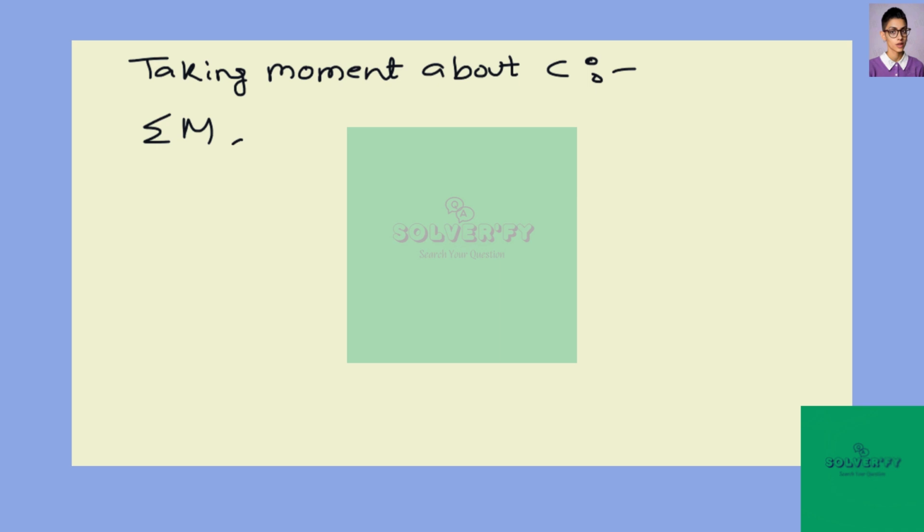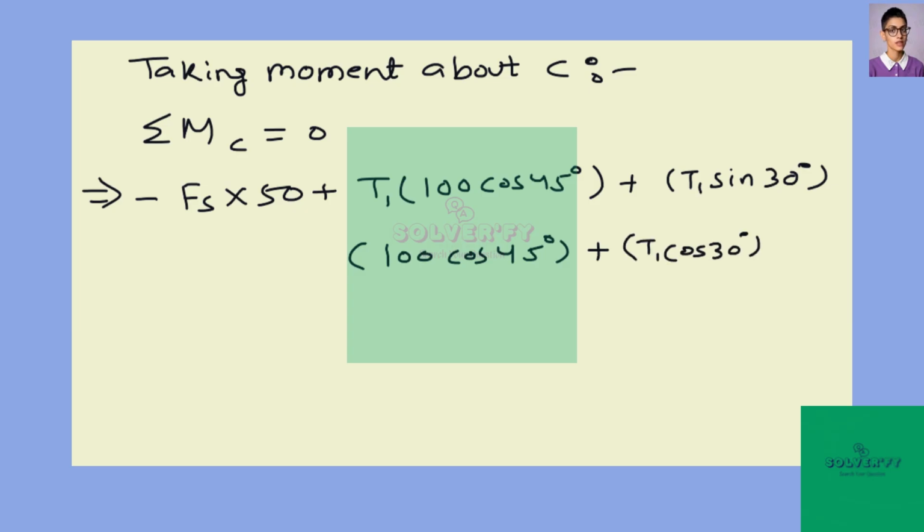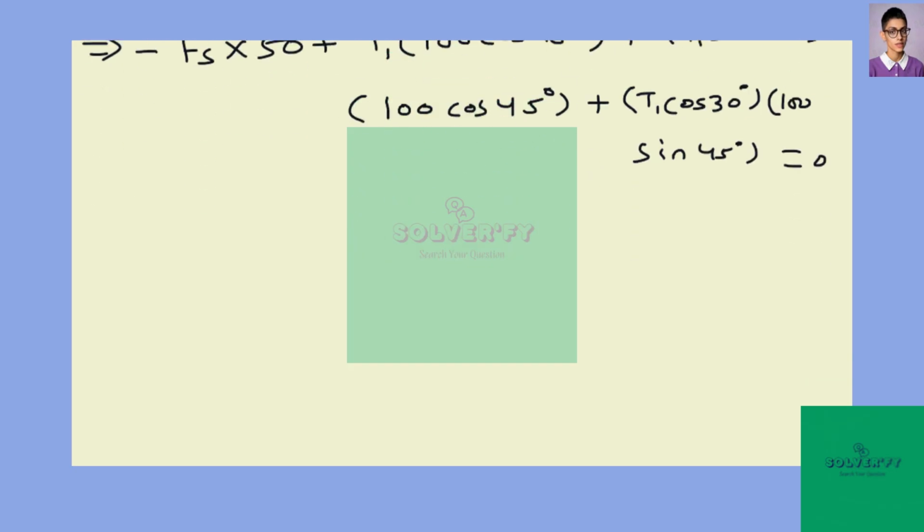Summation of MC is equal to 0, or minus Fs into 50 plus T1 into 100 cos 45 plus T1 sin 30 degrees into 100 cos 45 plus T1 cos 30 degrees into 100 sin 45 is equal to 0.